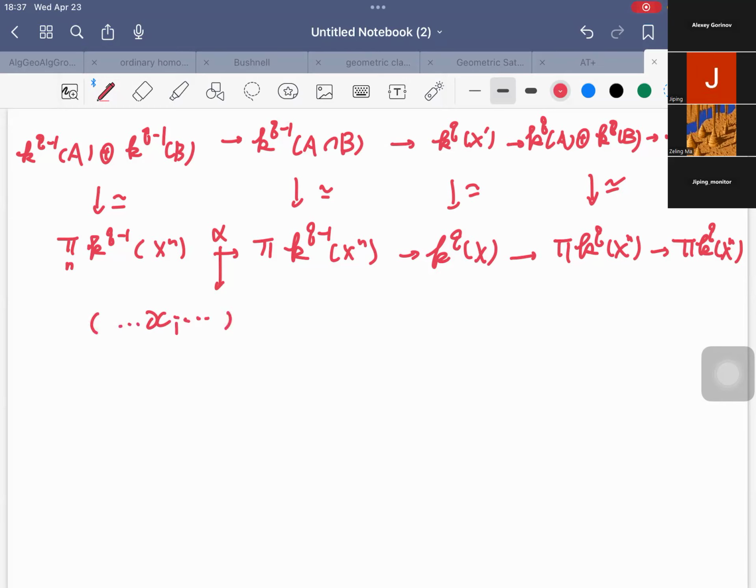Well, not quite. The formula is the same, but in one case we have the direct sum, and in the other case we have the direct product.